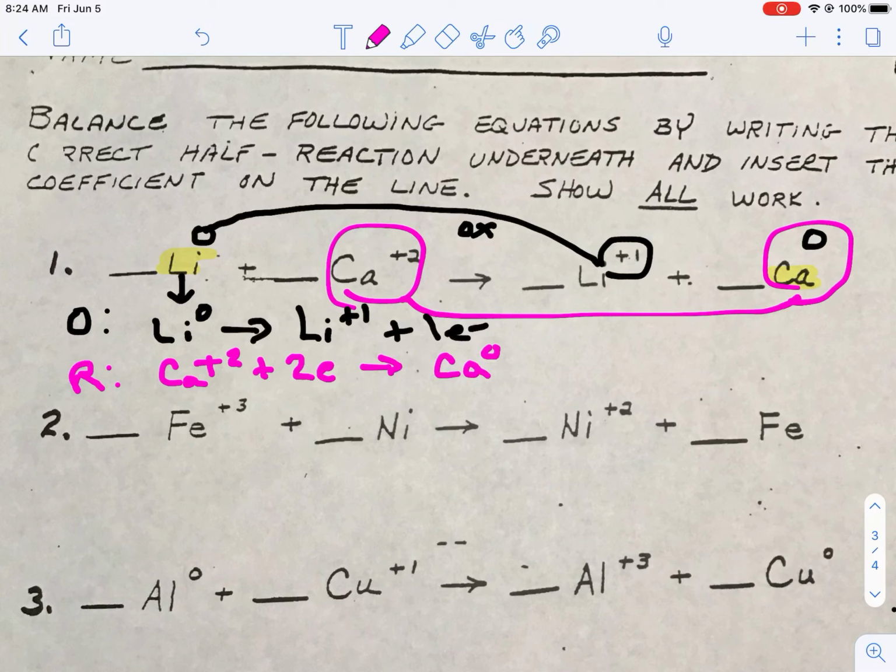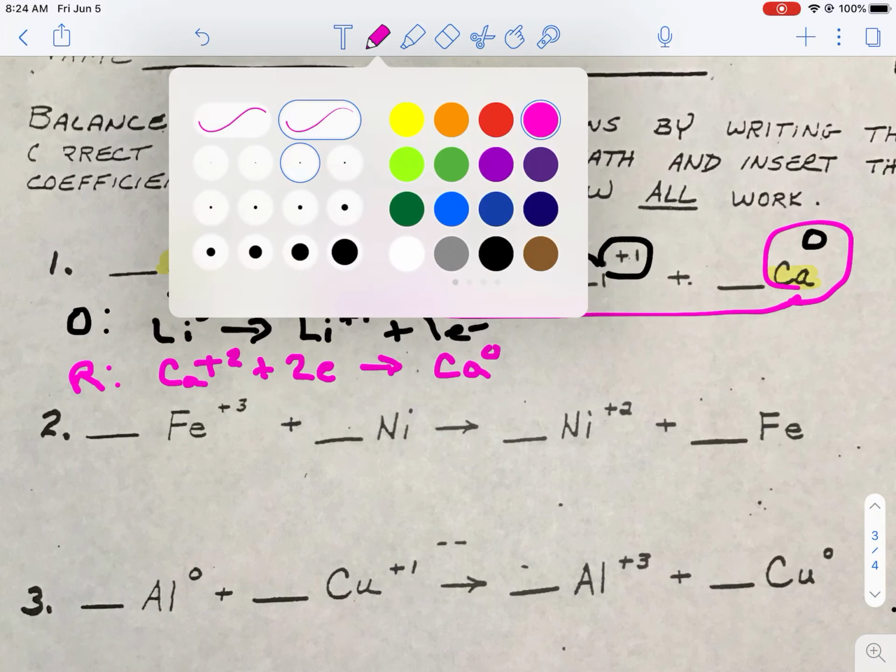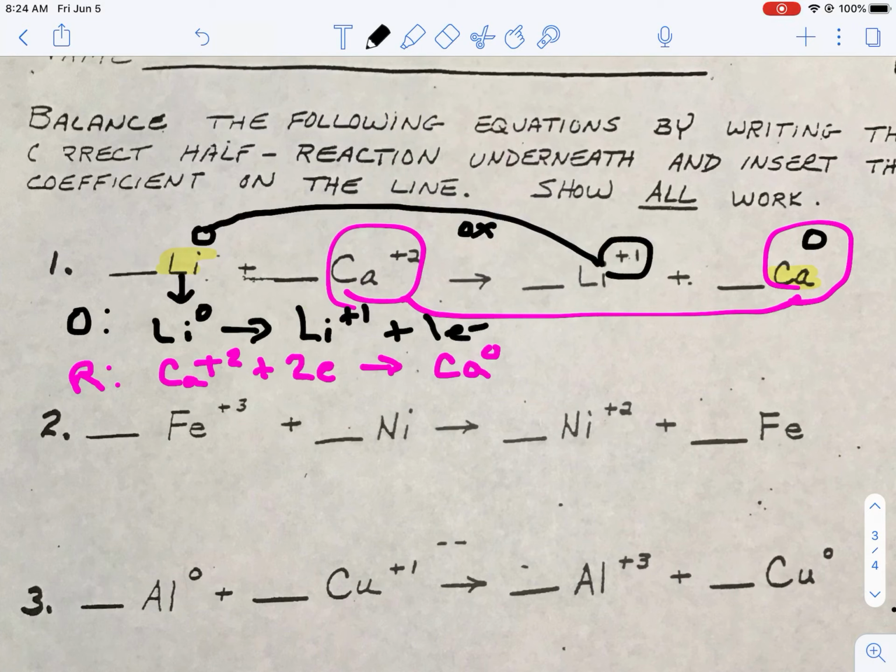If you look mathematically at what's happening, what we're saying in the oxidation is as follows. We're pretty much saying 0 equals, and that covers this and this. The other side of the equation is saying plus 1 plus a minus 1. If you think about it, 0 equals 1 minus 1.